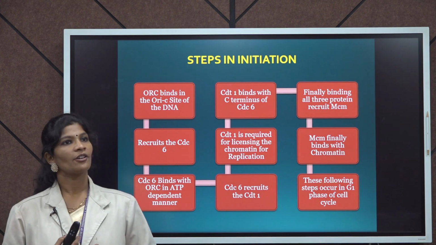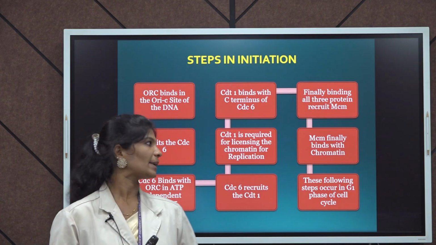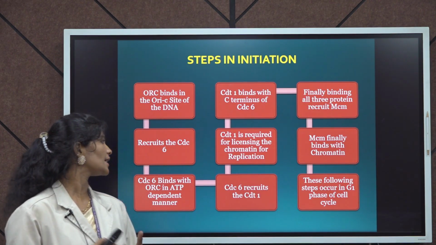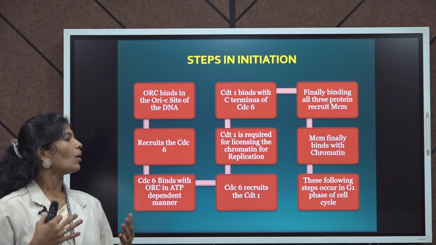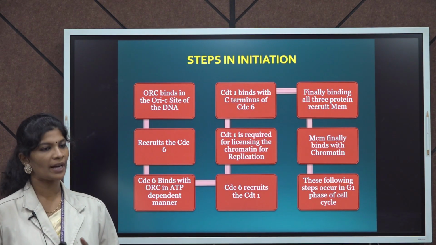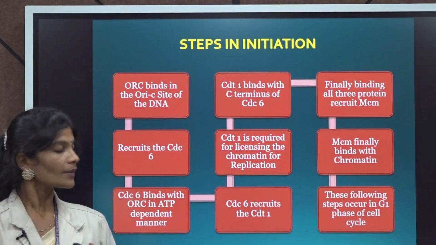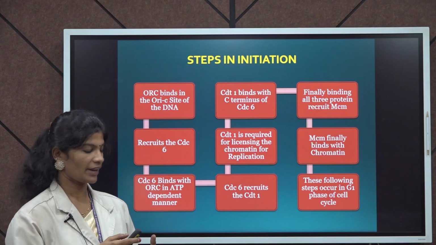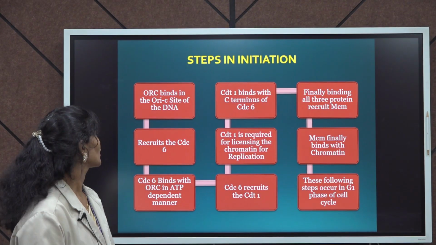CDT1 is required for licensing the chromatin for replication. Finally, all the 3 proteins will recruit MCM, so MCM will bind with the chromatin, and all the steps in the initiation complex occur in the G1 phase of the cell cycle.